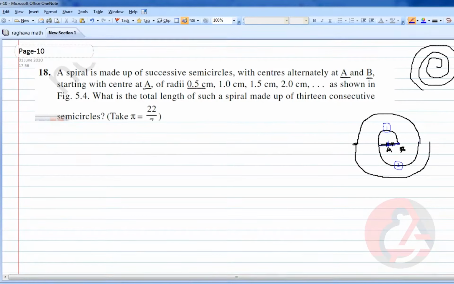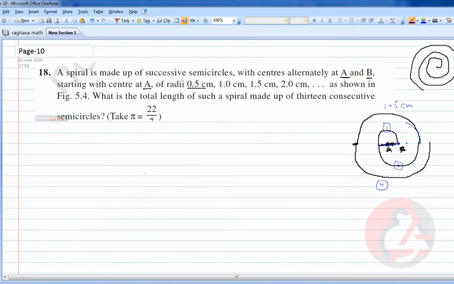This is the third semicircle, where the radius is 1.5 centimeter. This is the center of the third semicircle. The fourth semicircle has radius 2 centimeter. So these are the radii of the semicircles.